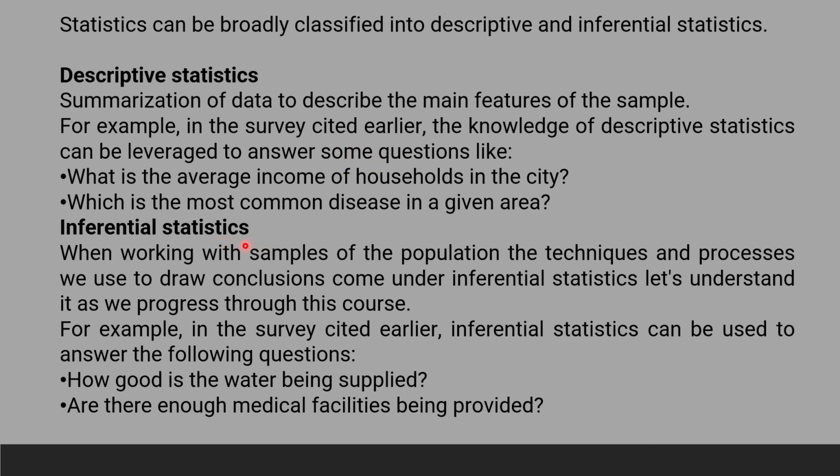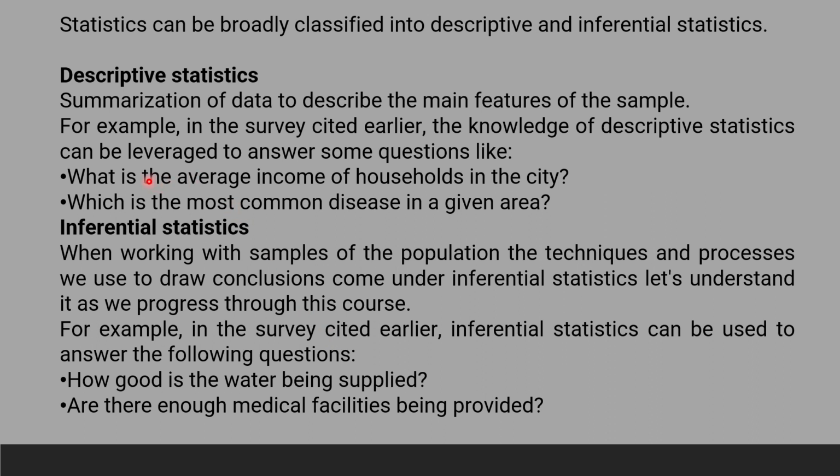In the case of inferential statistics, you infer from the data, like how good is the water being supplied, or are there enough medical facilities being provided. When working with samples of the population, the techniques and processes we use to draw conclusions come under inferential statistics. In this example, we took a survey of the city about age, gender, water supply and medical facilities.